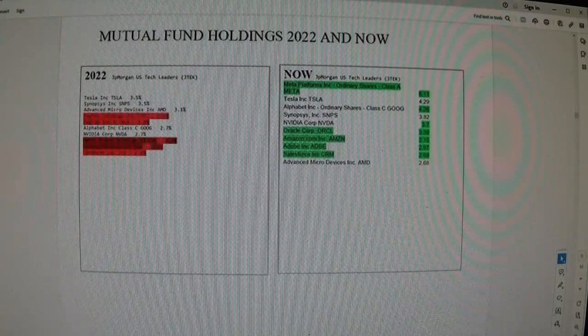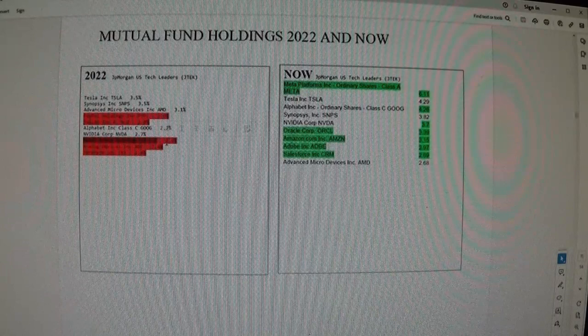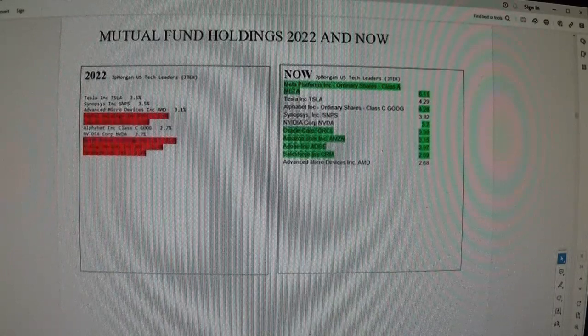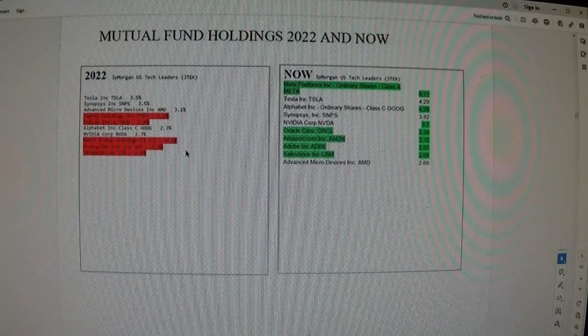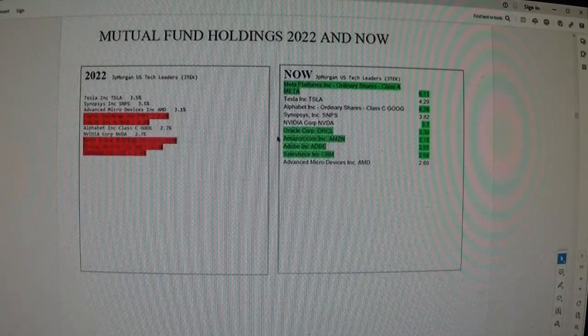Match Group, the one problem I have with Match Group, they do online dating websites, but they have to turn over their customers. Once you're married, you're not going to want to pay for a membership, so they have to turn over the membership. So it's not as consistent a business model as others. I don't know anything about these two companies.